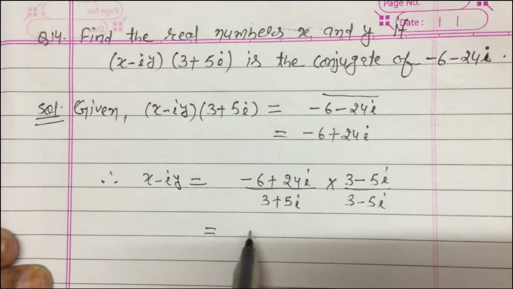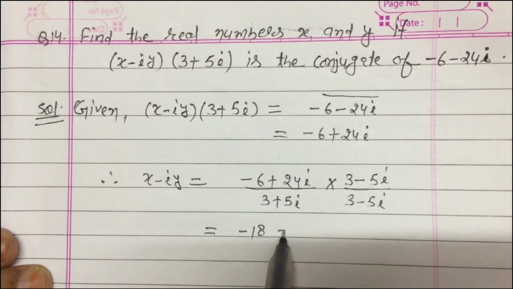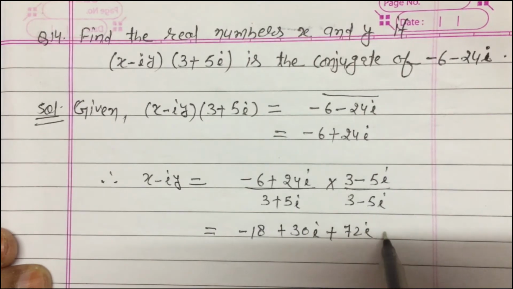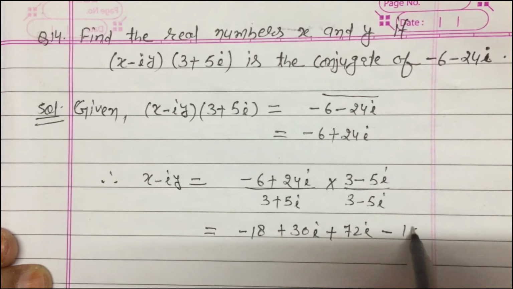And now simplify. So minus 6 into 3, it's minus 18. Here minus into minus, plus 30i, plus 72i, and 24i times minus 5i is minus 120i square.